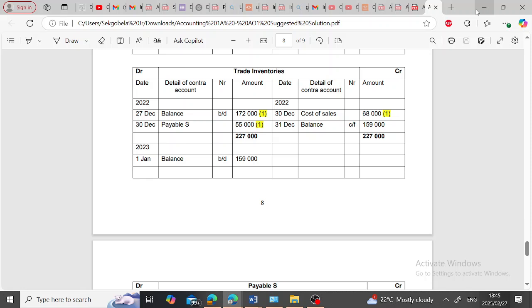Meaning that next year, in the new financial year, our opening balance is going to be brought down as 159,000. It means that at the beginning of the year, we no longer have 172,000, but now it's rather 159,000. This is the stock we have. Is everyone following? Yes. Okay.